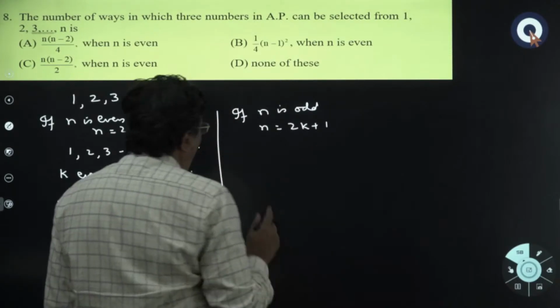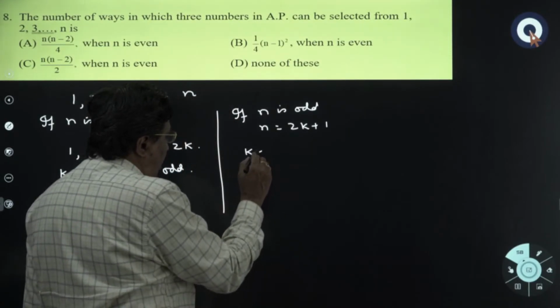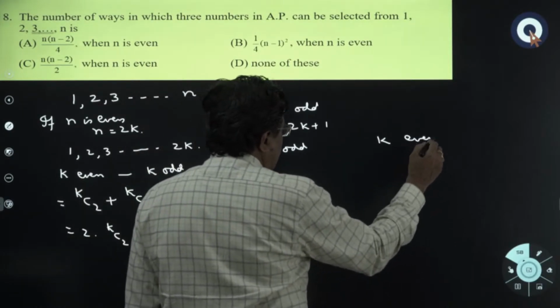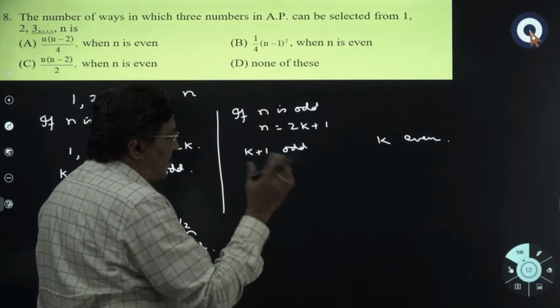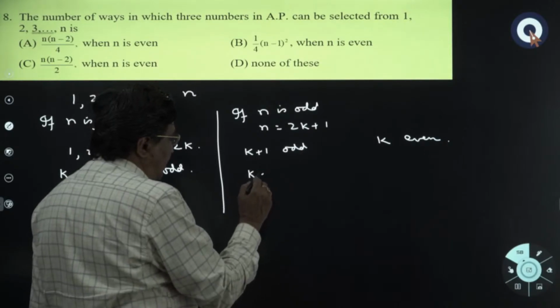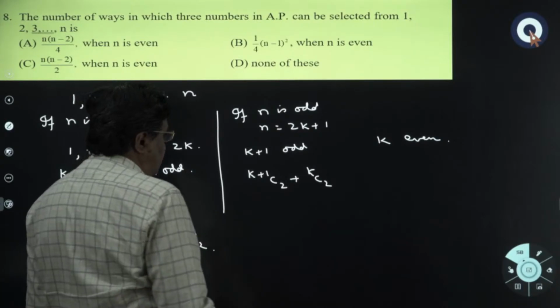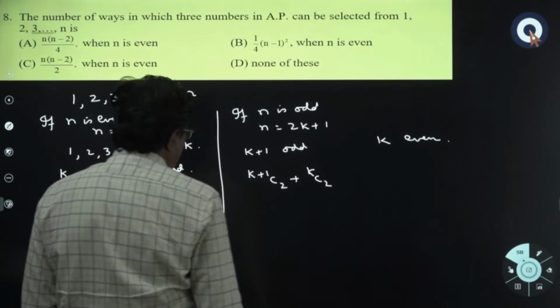So there will be k plus 1 odd numbers and there will be k even numbers. Odd numbers are 1 more than the even numbers. So it is the question of selecting any two odd numbers or two even numbers. So it is (k plus 1)C2 plus kC2, the total number of ways.